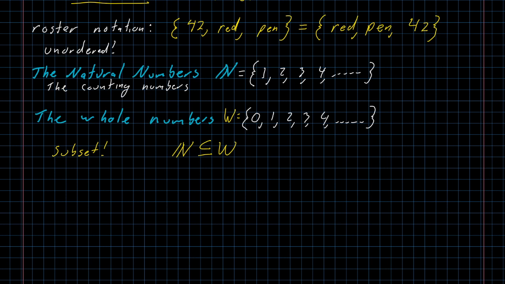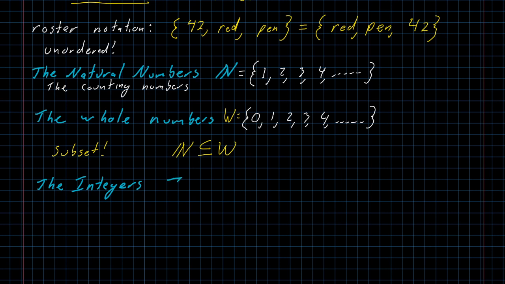So mathematicians had to invent a new type of number in order to perform this operation. We call that next type of number a signed number, or more specifically, the integers. Right? The integers are the signed whole numbers.